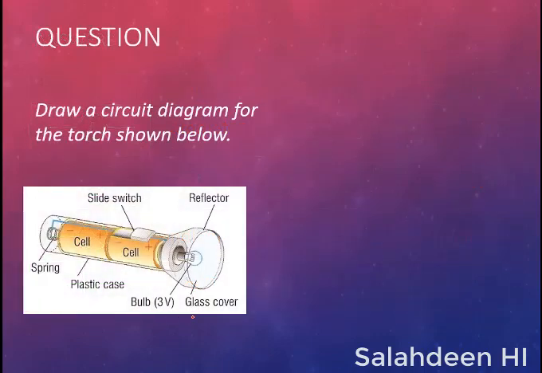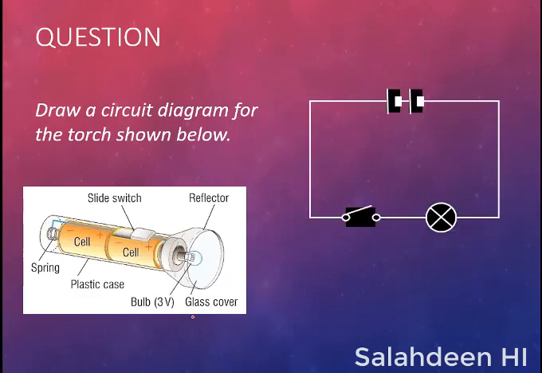Now, question: draw a circuit diagram for the torch shown below. Let me give you some minutes to draw it. So this is how it looks.